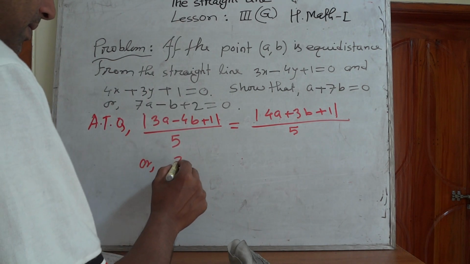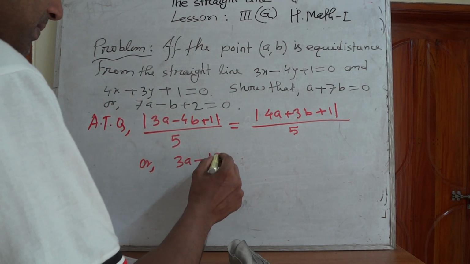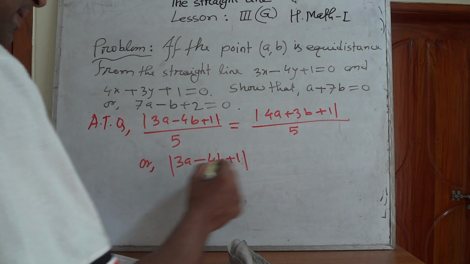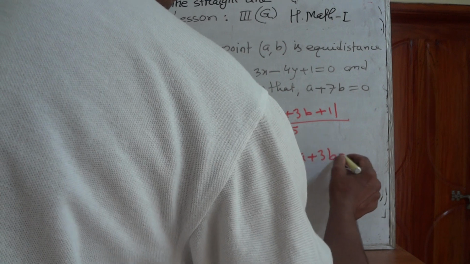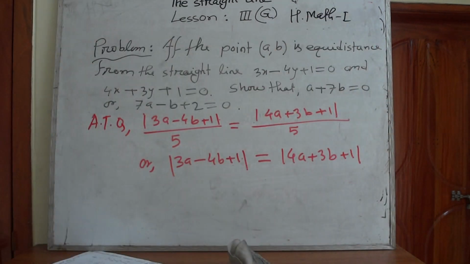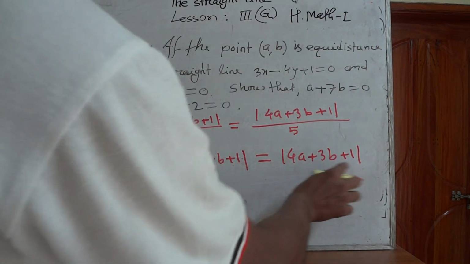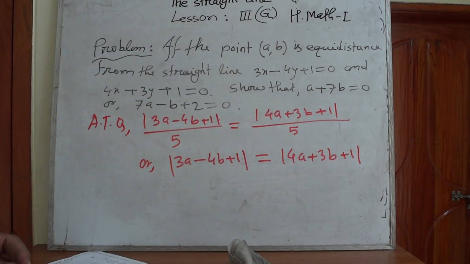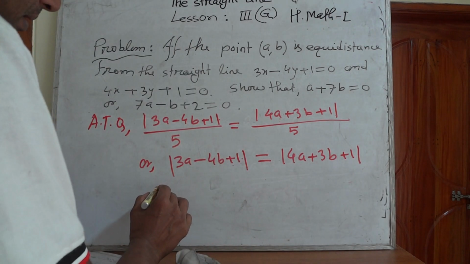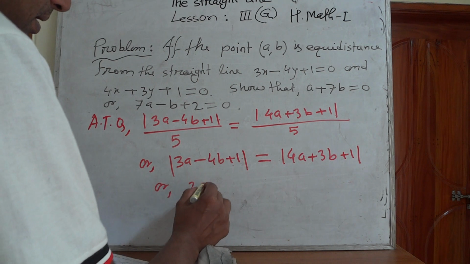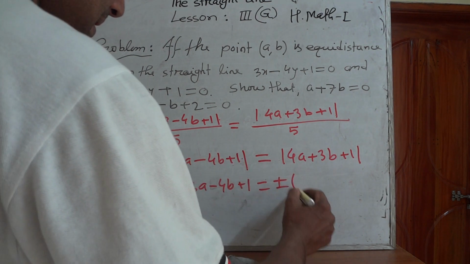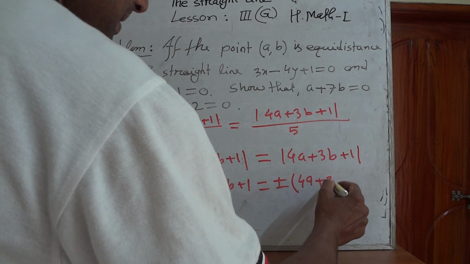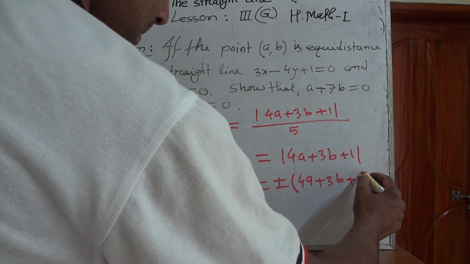Or 3a minus 4b plus 1 and 4a plus 3b plus 1. For omitting the absolute value, we can square both sides, and finally we will get 3a minus 4b plus 1 is equal to plus or minus (4a plus 3b plus 1).